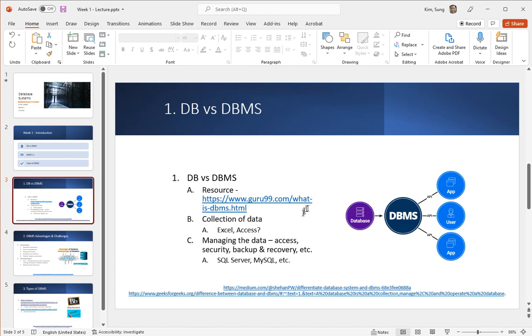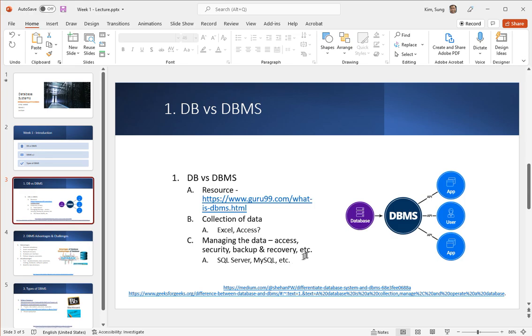But in terms of the database management system, if you have that, then you have not only a database, but a management system that allows all kinds of things: security for access, being able to perform backups and restores and recovery, and things like that, right? It can also organize your database so that different applications and different users can use it, and you can have APIs as well.